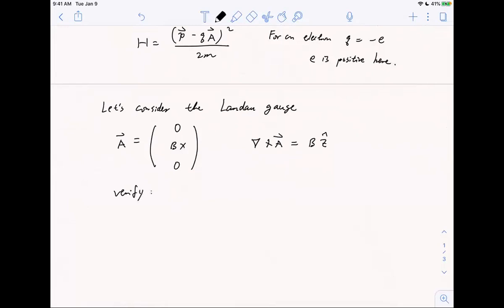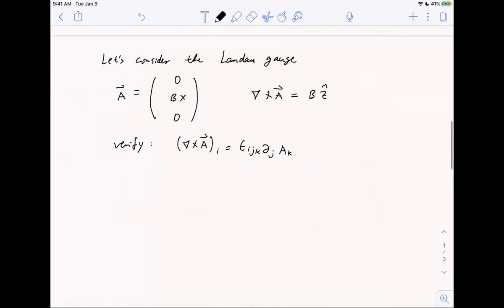So you know the definition of curl is that you have the i component, with i, j, k. If you get the x component, then this will be ∂y Az minus ∂z Ay, and the z component is 0, so this term is 0.